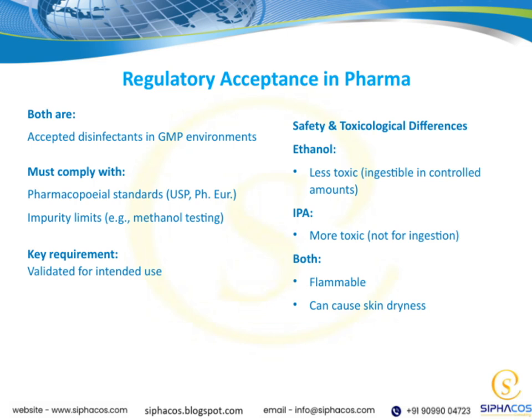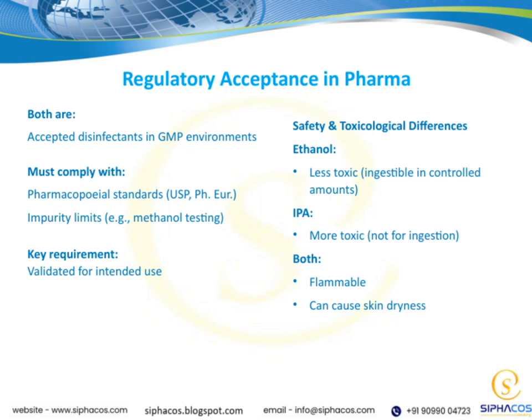However, it's important to remember that both substances must meet certain standards. These include pharmacopoeial standards, like those from USP or pH, and impurity limits, for example, testing for methanol contamination to ensure safety and quality. The most critical aspect to keep in mind is that both ethanol and IPA must be validated for their intended use.